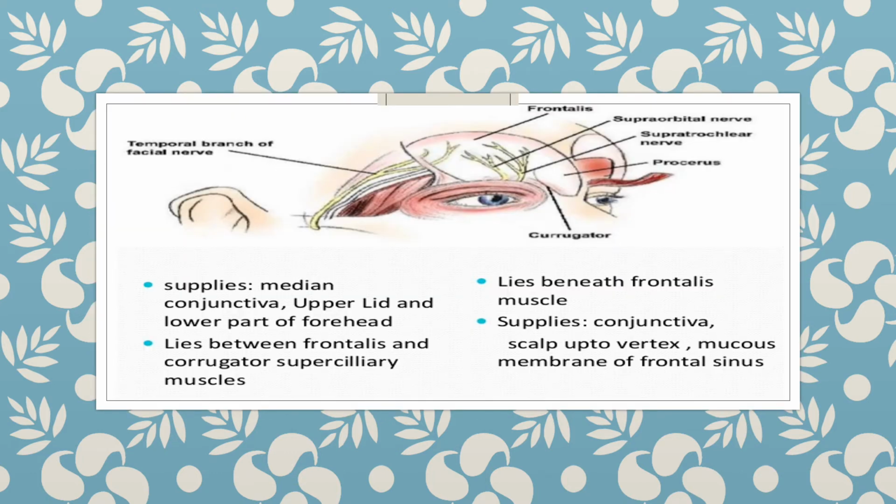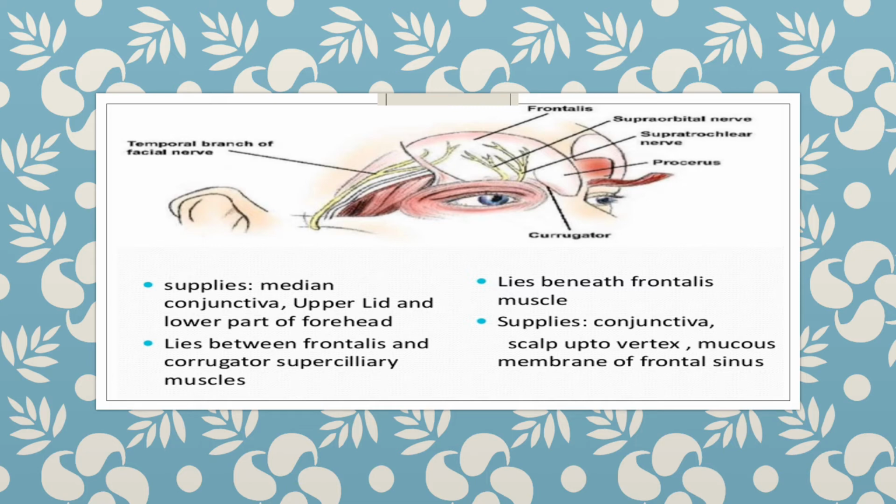This is the supraorbital and this is the supratrochlear. The supratrochlear is the smaller, medial branch. You can see it is present medial to the supraorbital nerve.